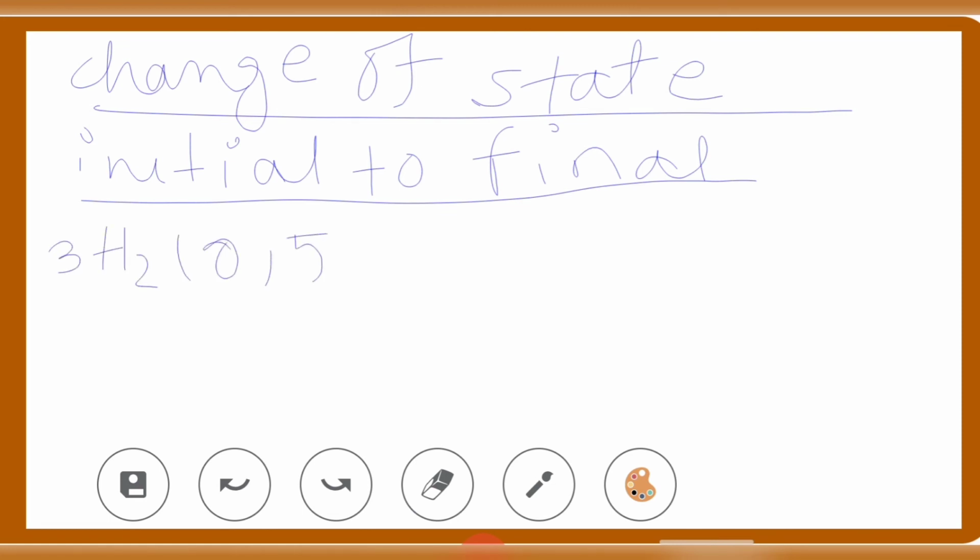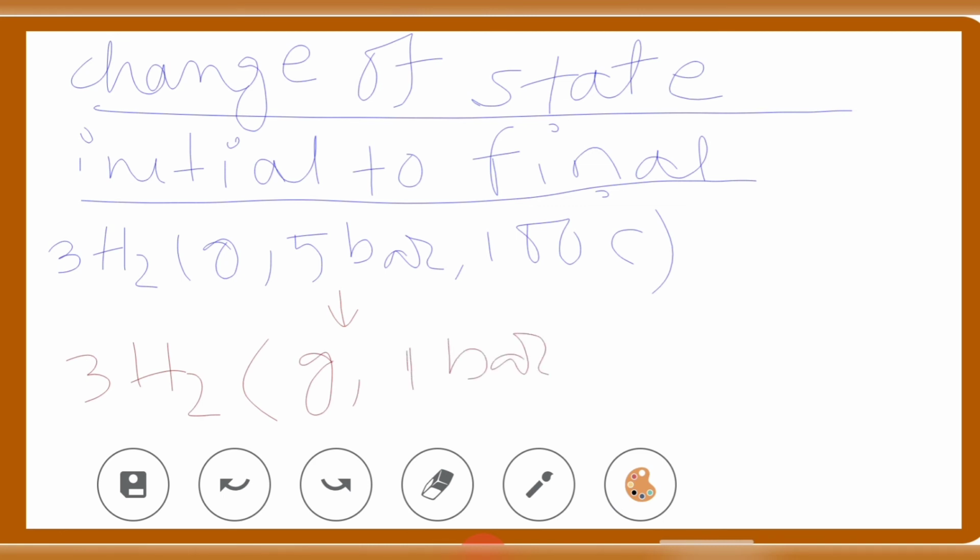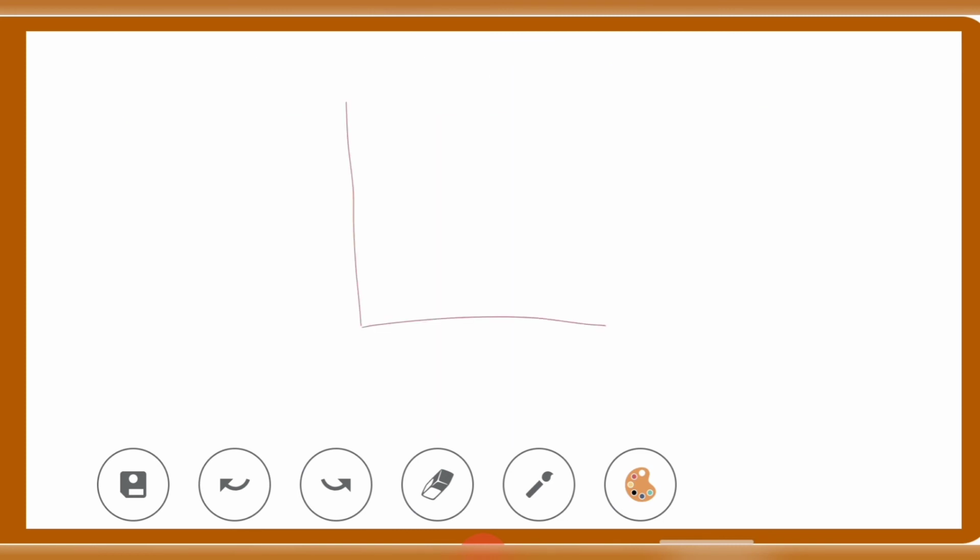This is the initial condition, and in the final condition we get 3 H2(g), 1 bar, 50 degrees centigrade. So the sequence of intermediate states is like that.